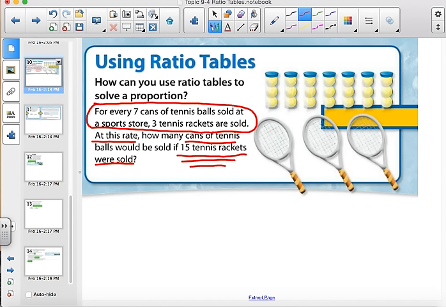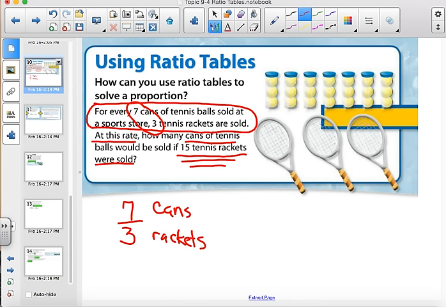The first thing you want to do to understand this problem and this proportion is to look for your initial ratio of 7 to 3. Make sure you identify the units you are working with: we have cans and we have rackets.